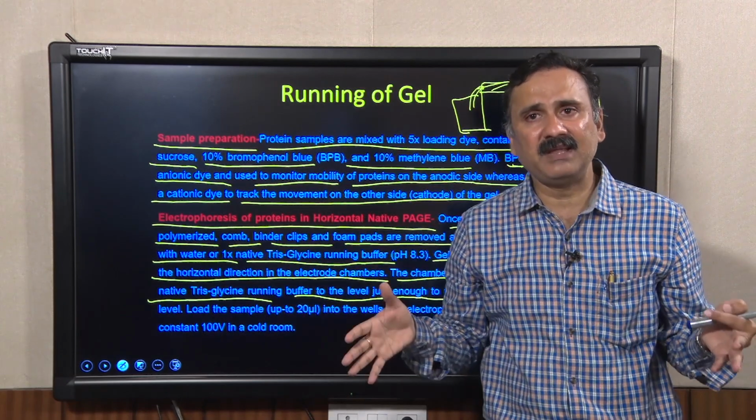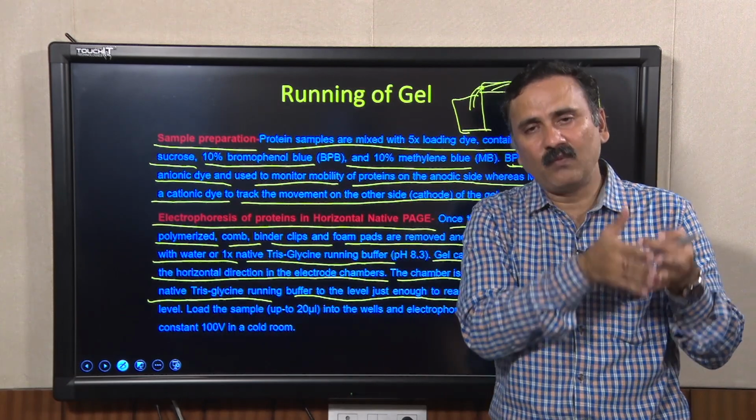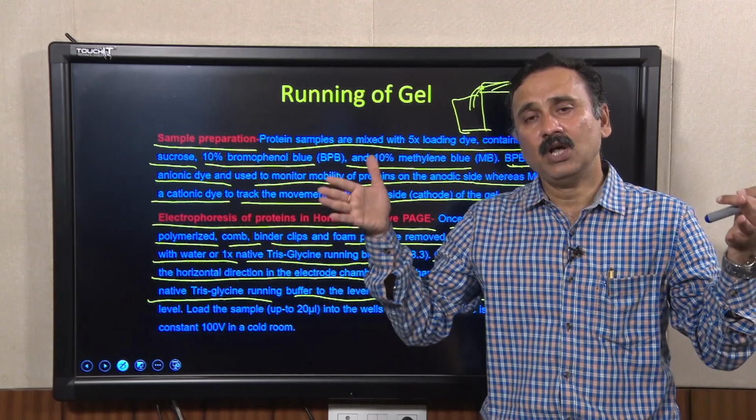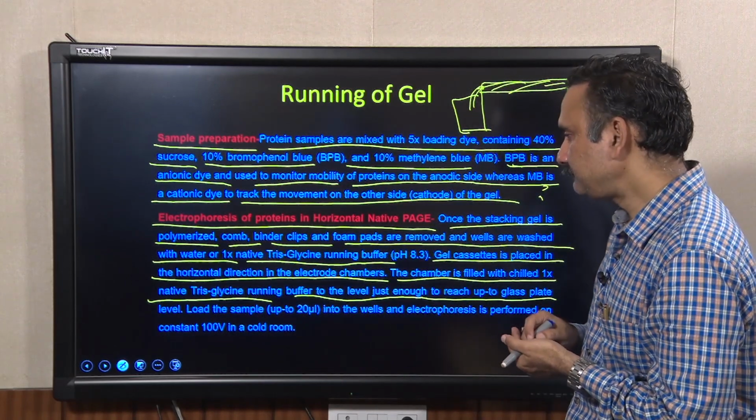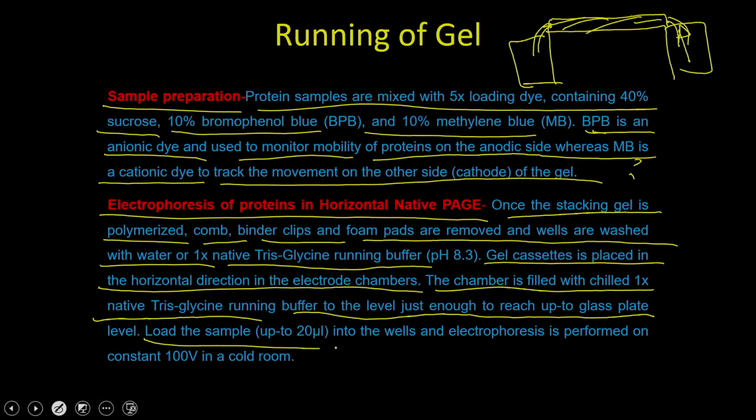So, the principle remains the same, except that now we are doing the electrophoresis in the horizontal direction. Load the samples up to 20 microliters and electrophoresis is performed at a constant 100 volts in a cold room, because the electrophoresis is going to be for 18 to 20 hours. So, it has to be in a cold room, so that the sample does not get denatured and destroyed.